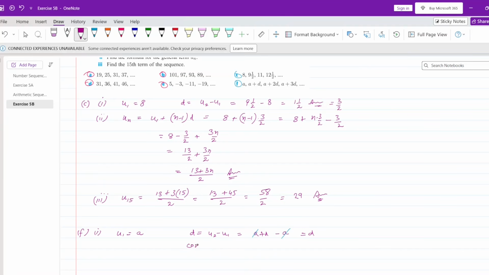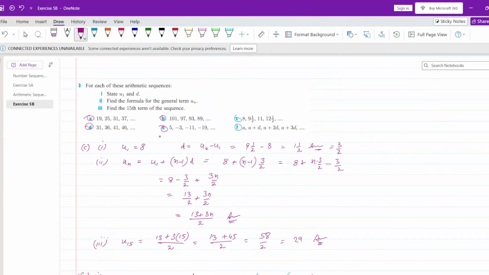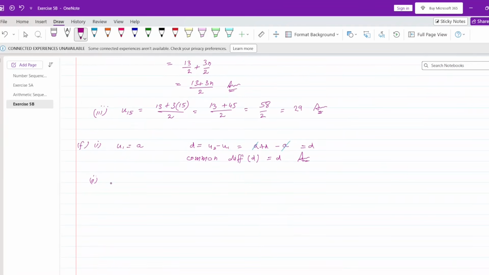So the common difference d equals d. To find the formula for the general term un, the general term un is going to be u1 plus n minus 1 times d.